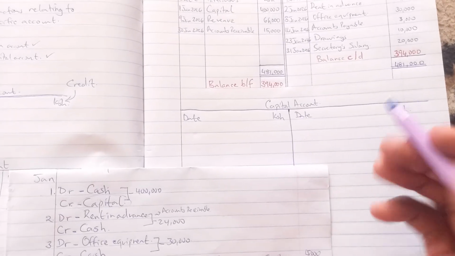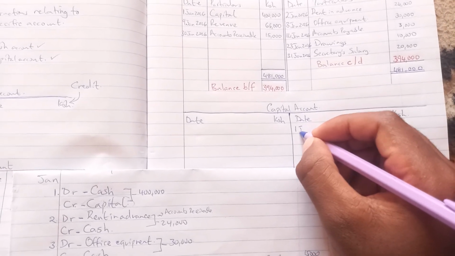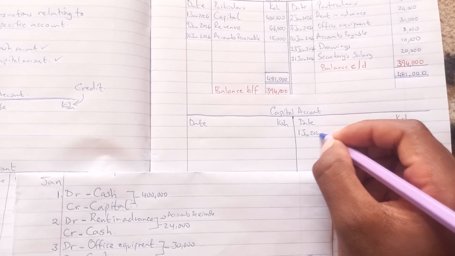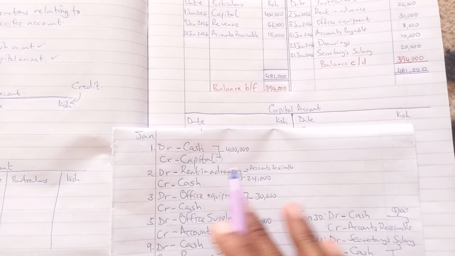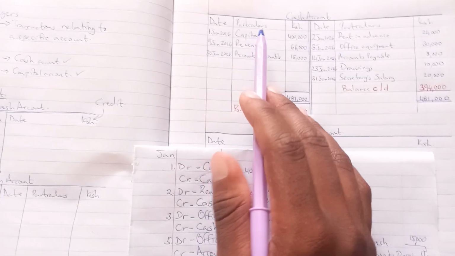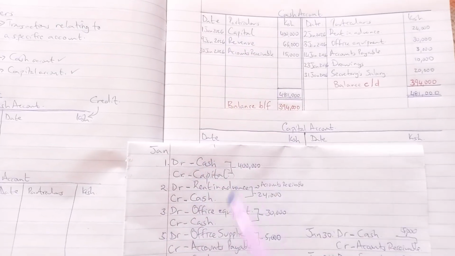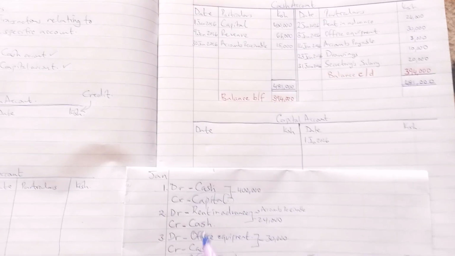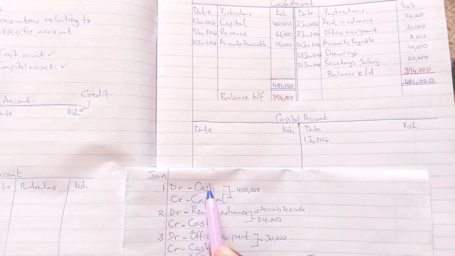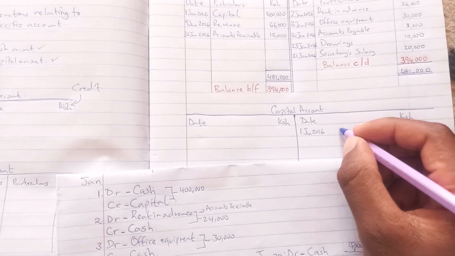So I'll come on to the credit side and write 1st January 2026. The corresponding account is, now in cash, the corresponding was capital. But here in capital account, the corresponding is cash.